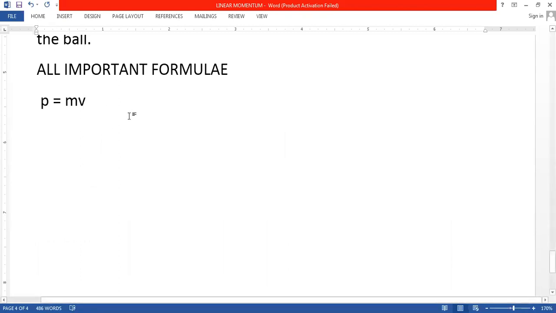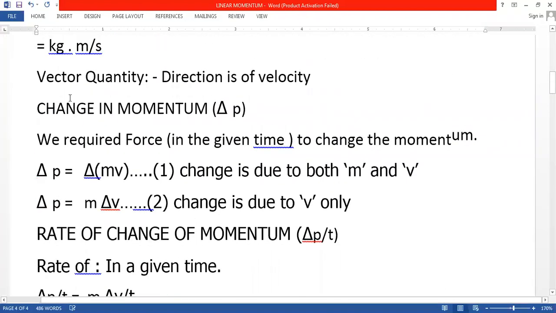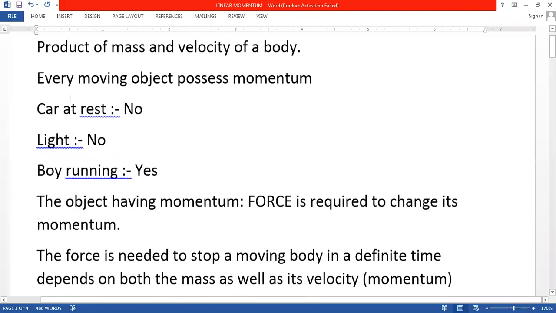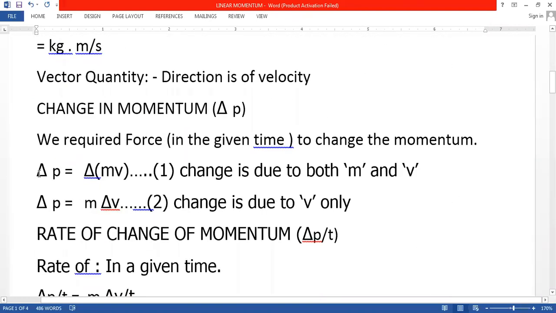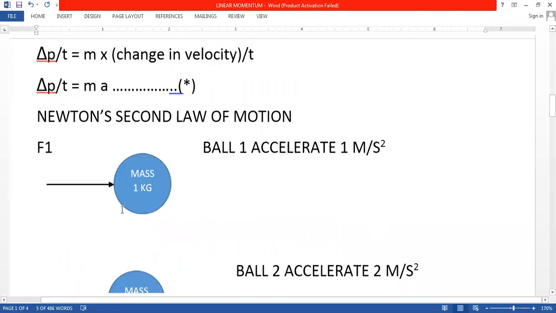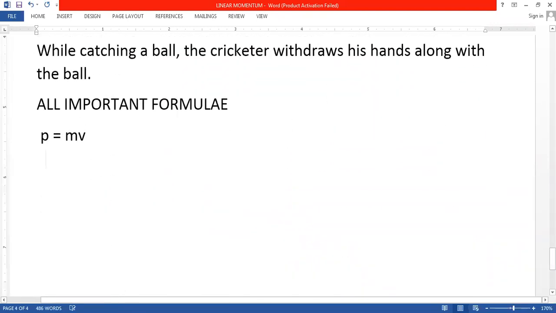So what's the first formula? P is equal to mv. Then we have another formula. Our next formula is change in momentum is equal to m delta v, which is also equal to m.